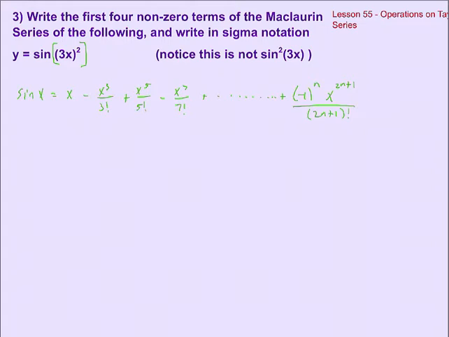Well, if I want to find the sine of 3x squared, first of all, that 3x squared, the quantity being squared, I might as well just square the whole thing. So this is the same as the sine of 9x squared. It's a little bit easier.